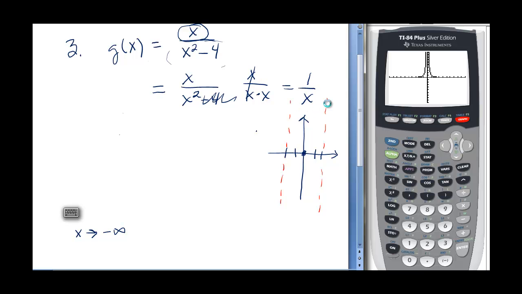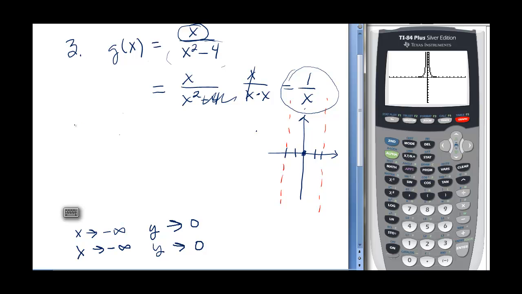And I saw before that as x got really large, the y value approached 0. So that's what's going to happen here as well. And as x approaches positive infinity, same thing: the denominator is going to overtake the numerator, so y approaches 0.